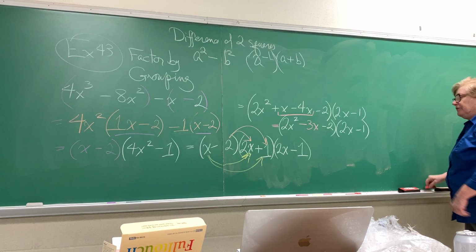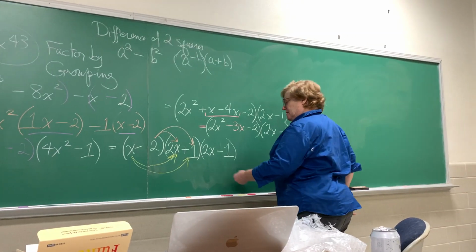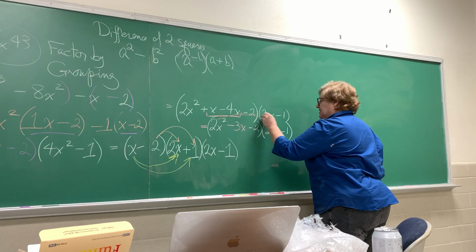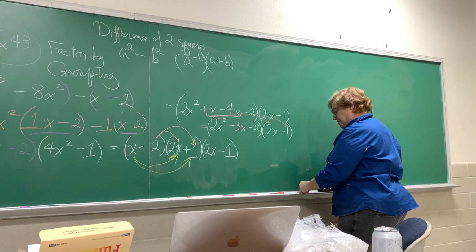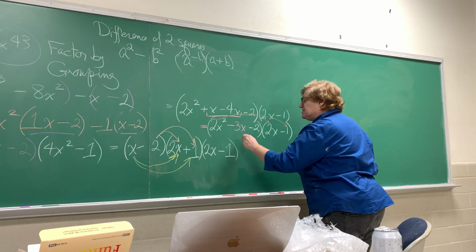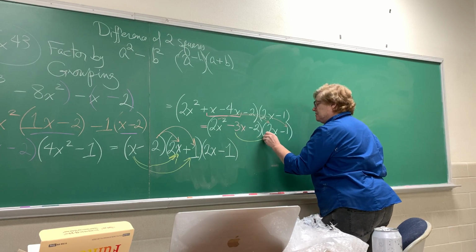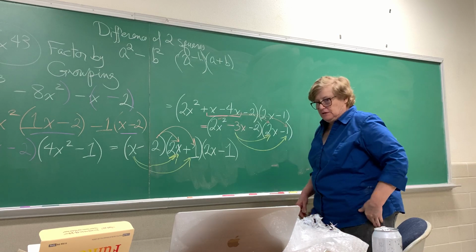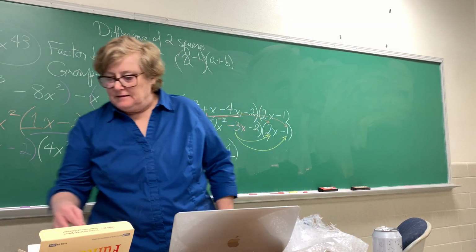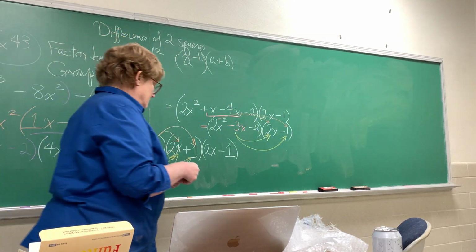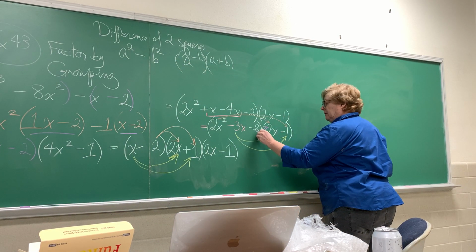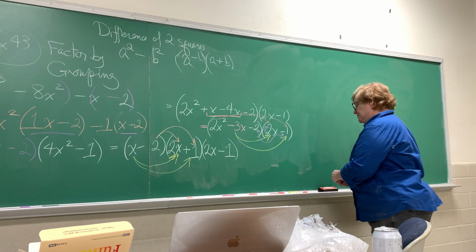And we're gonna do it carefully, one term at a time. So first, let's multiply the 2x squared by both of these terms. Then let's multiply the negative 3x by both of these terms. And then let's multiply the negative 2 by both terms.